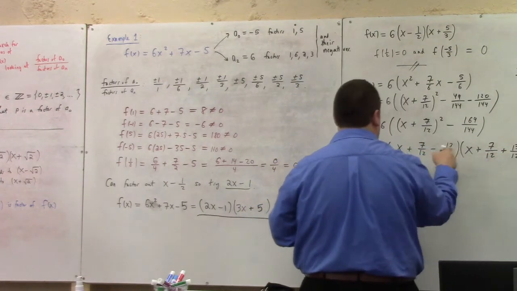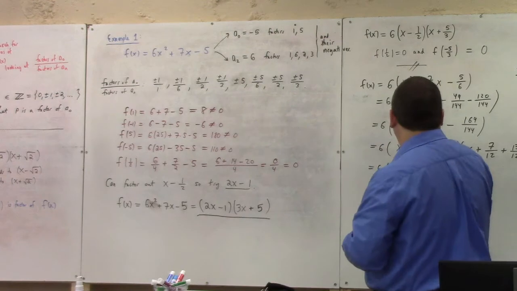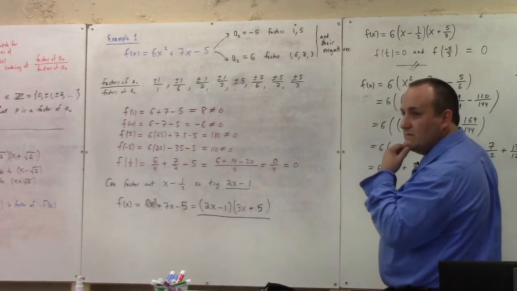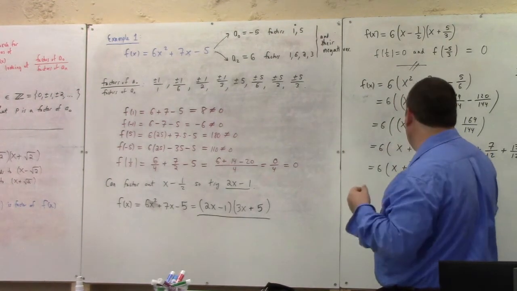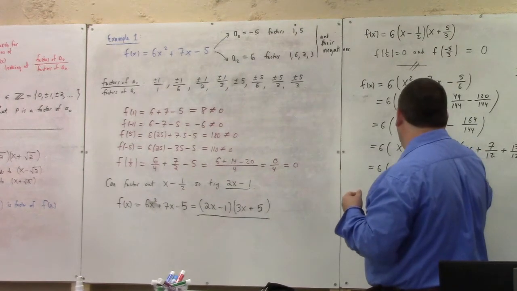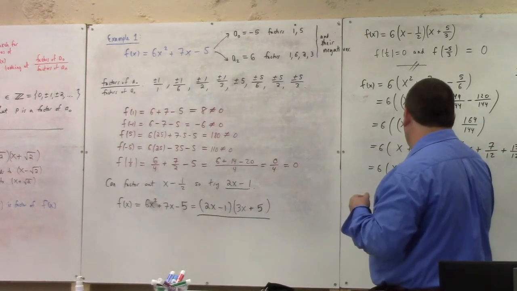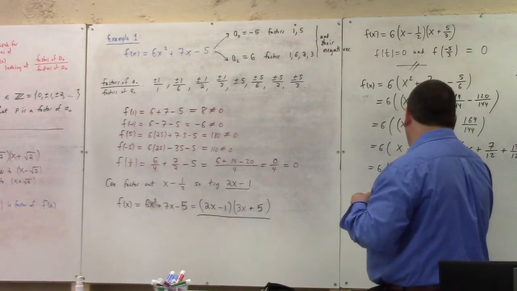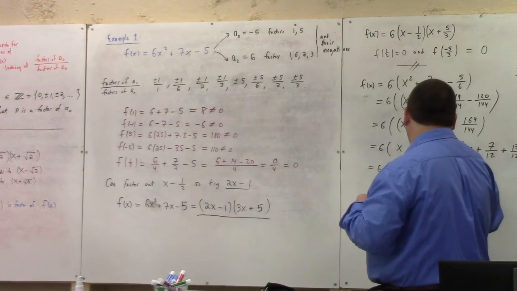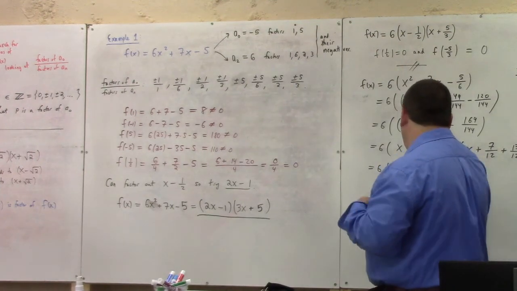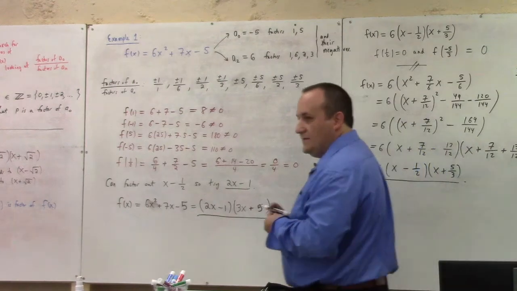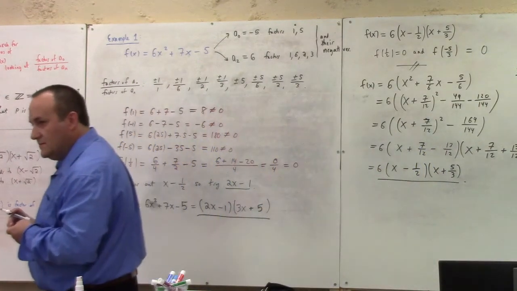This one, what's 7 minus 13? 7 minus 13 is 6. What's 6 over 12? Yeah, and it was the 13 wins, so it's minus a half. So yeah, same answer, right? A very, very different approach of finding it.